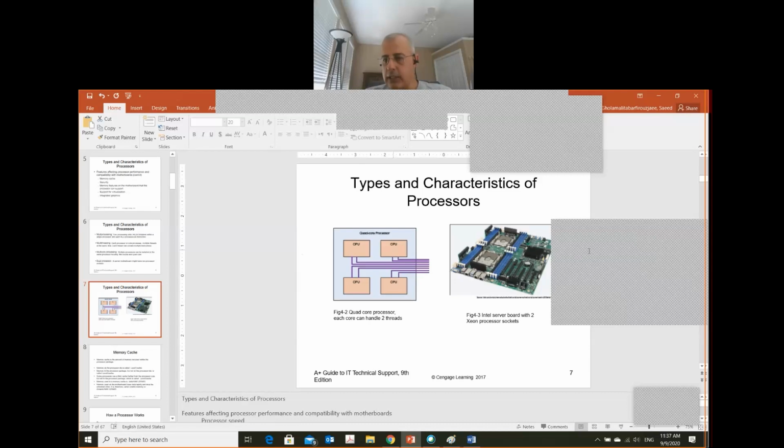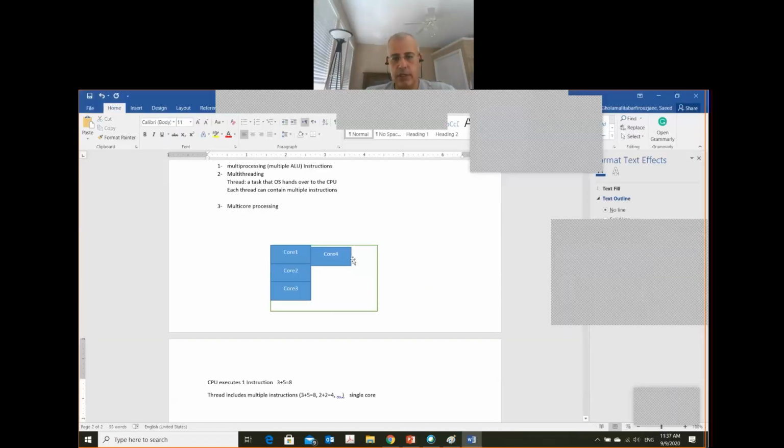So in an 8-core processor, can it still only handle 2 threads per core? No. In an 8-core processor, instead of having 4 cores, we have 8 cores, like this. Here we have 4 cores. In an 8-core processor, let me show you here.